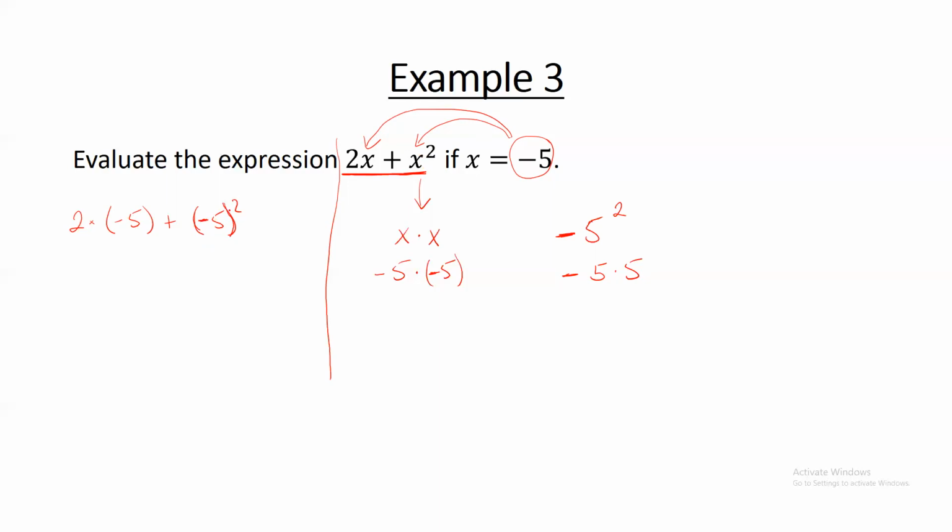Negative 5 squared, well, negative times negative is positive, and 5 times 5 is 25. Then we multiply. 2 times negative 5 is negative 10. And finally, we add negative 10 plus 25 is 15. And so the answer is 15.